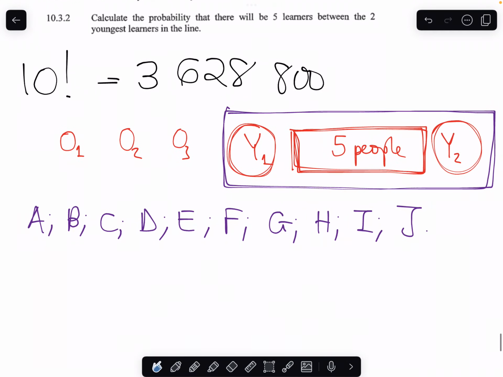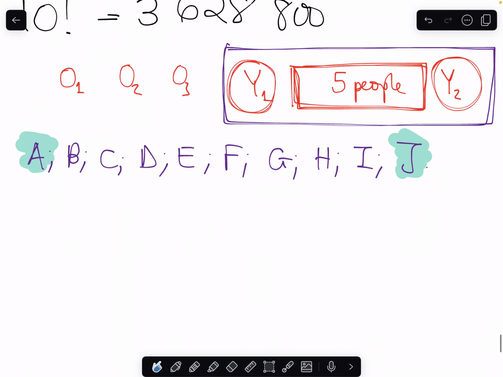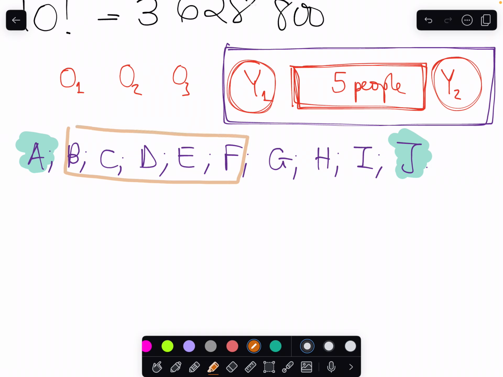Okay, so now suppose our two youngest learners are A and J. Okay, right? And then suppose we're just looking specifically at the case where these 5 are between them. Okay, how many possible arrangements are there where that happens?